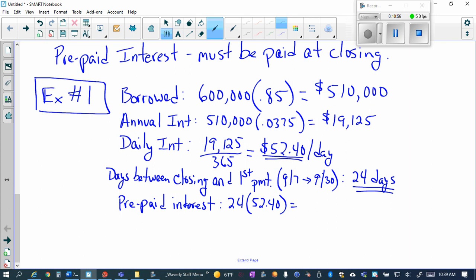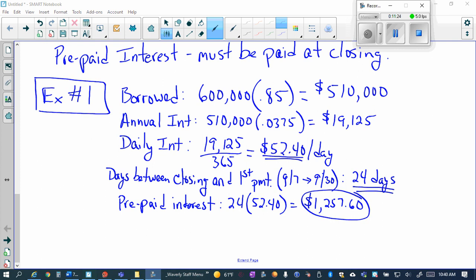And you will need to pay as one of your fees at closing $1,257.60. In addition to all the other fees, that's something you need to bring to closing with you.